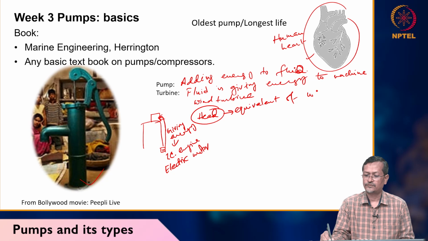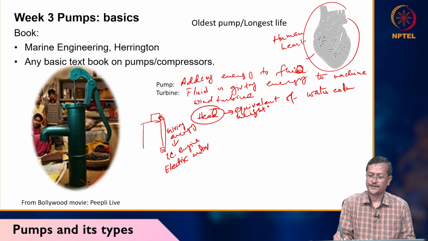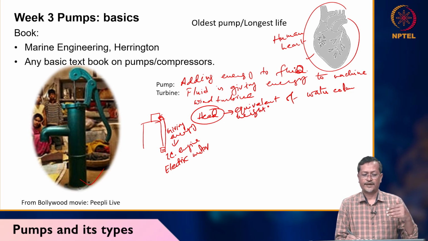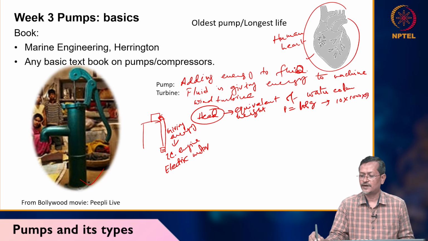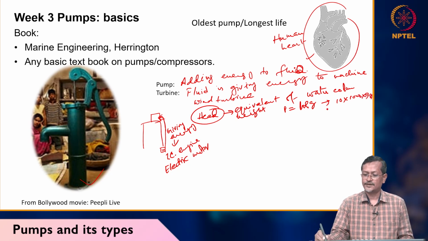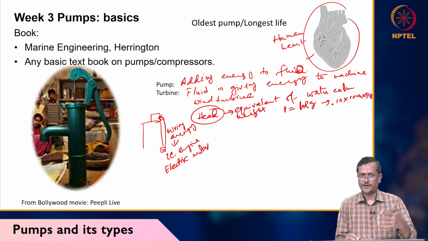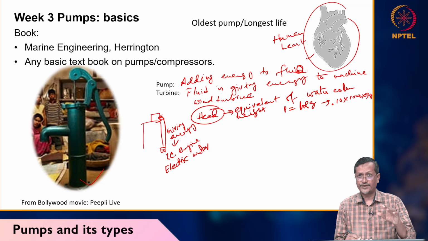For example, if I say head 10 meter, 10 meter means your pressure will be ρgh, that means 10 into water density 1000 into 9.81. This will be your pressure in Newton per meter square. And whenever you are studying this pressure head, you have to remember units properly.